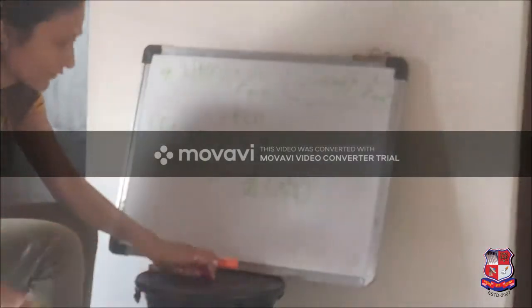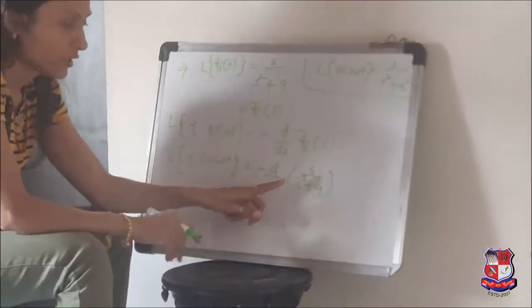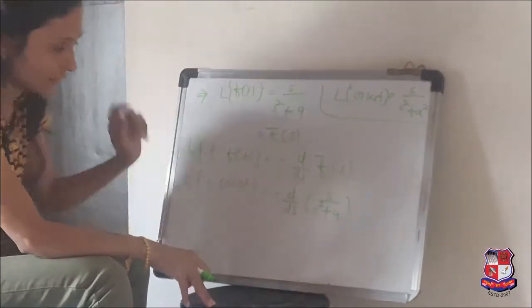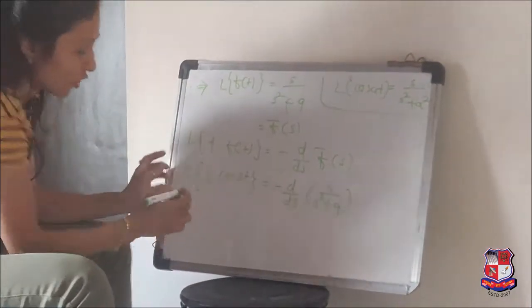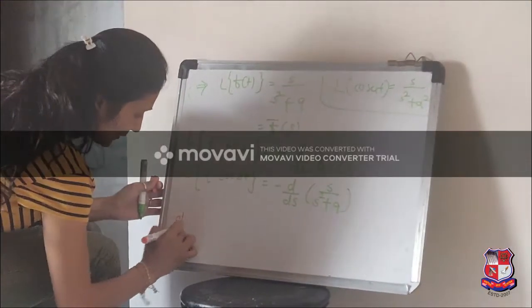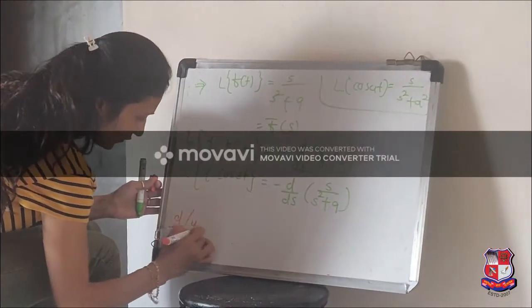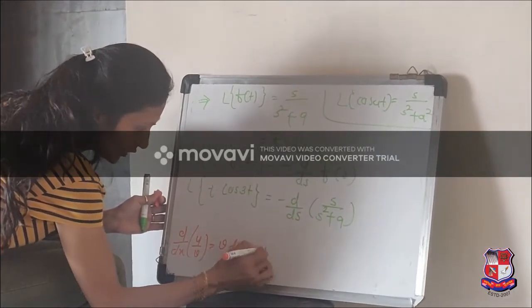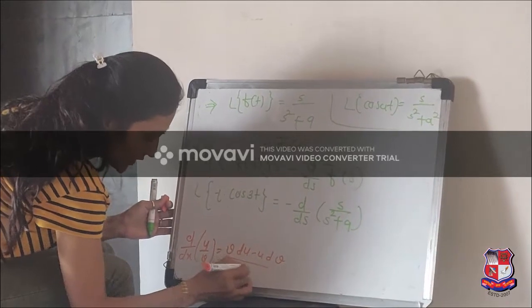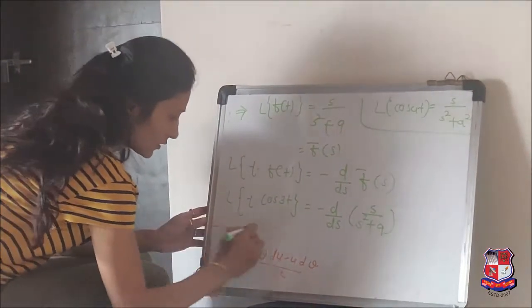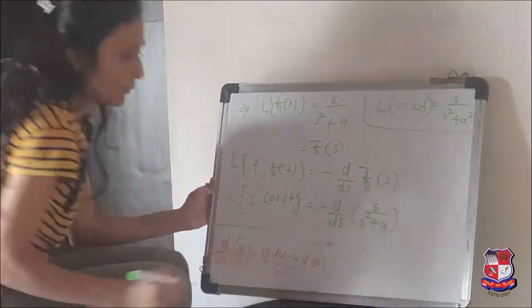Now we take the derivative with respect to s of s over s square plus 9. We know, from 12th standard, that d by dx of u by v is equal to v du minus u dv over v square. We use this formula.